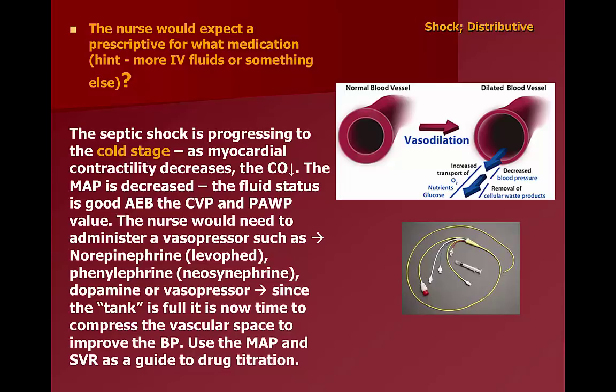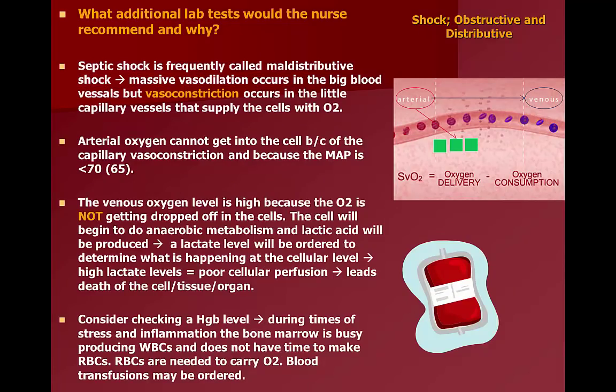You initiate the sepsis protocol, which is usually let's do cultures, let's give IV fluids, and you want to be on the lookout for low blood pressure. When they're in the low blood pressure, then we know that they're in the cold stage, and then we're going to have to do vasopressors.